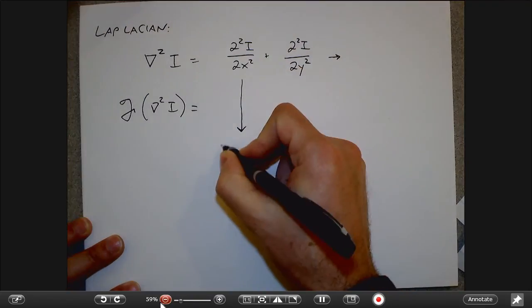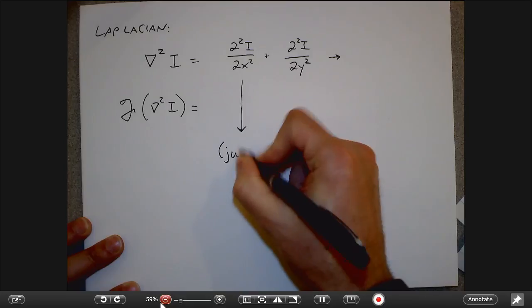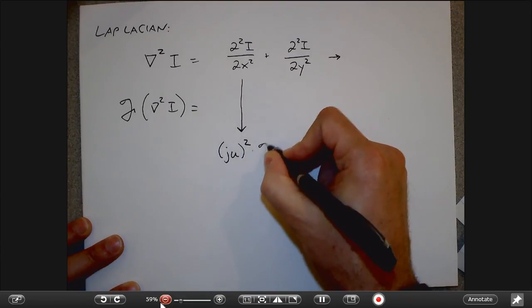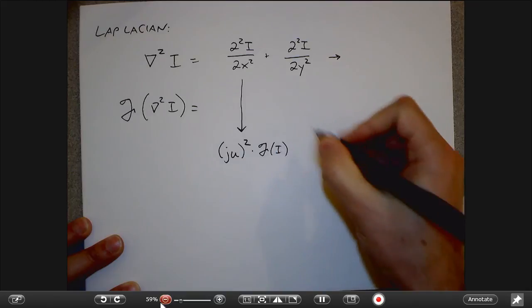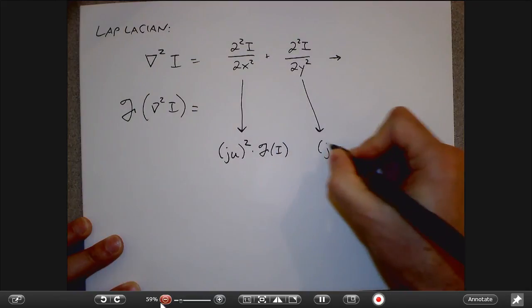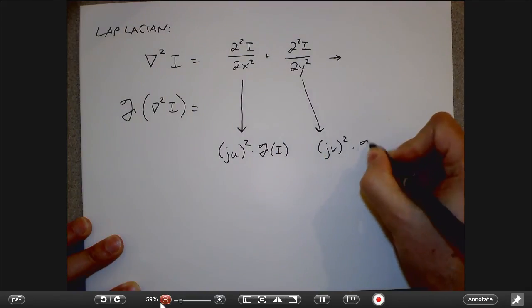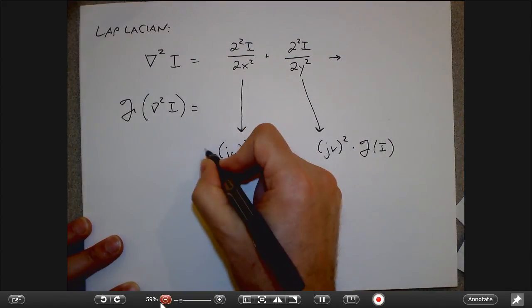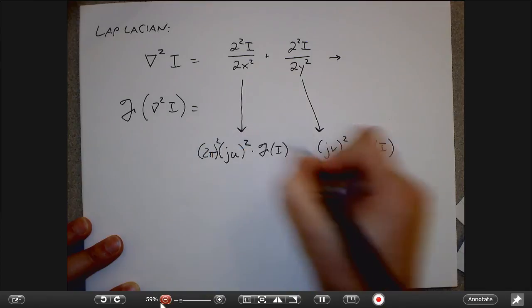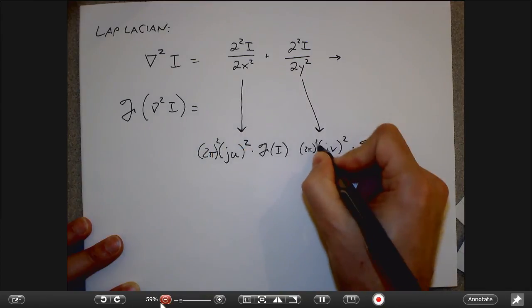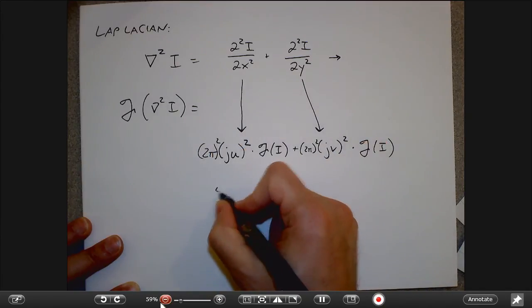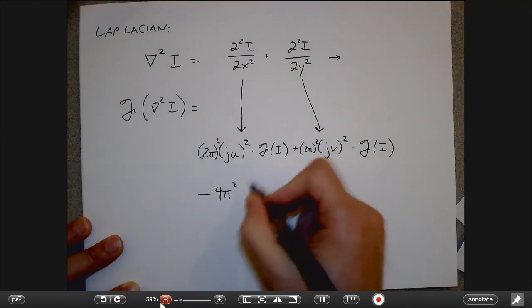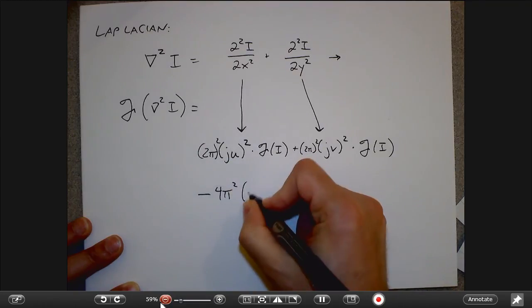So when I take the derivative here, what I expect to get is a ju squared times the original Fourier transform of the image. And here, I get a jv squared times the Fourier transform of the original image. And there's actually a 2 pi squared in front of each of these things. So when I put this all together, what I get is a 4 pi squared. The j's turn into negative 1s.